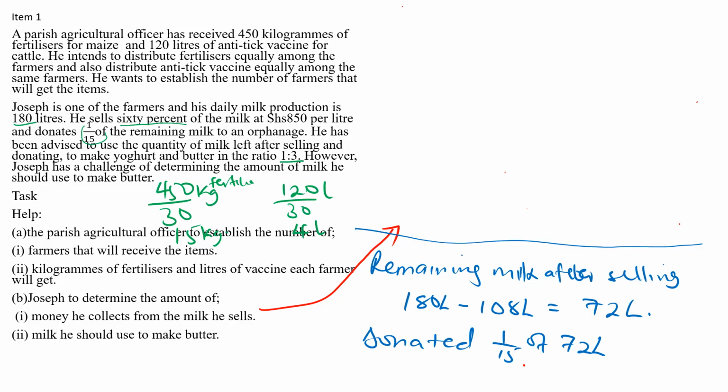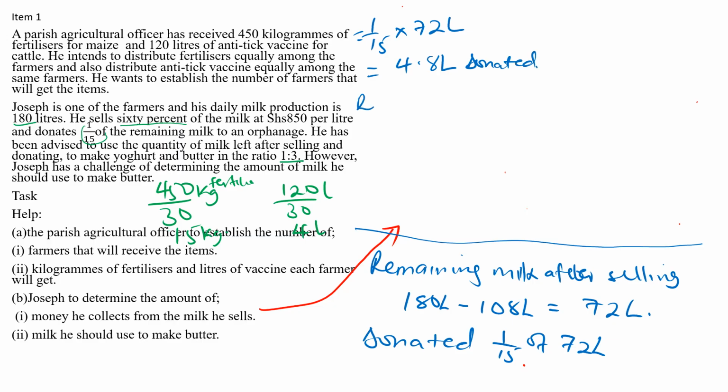Here you can come and say it's 1 out of 15, then times 72 liters. And the answer here that we'll get will be 4.8 liters. 4.8 liters donated.